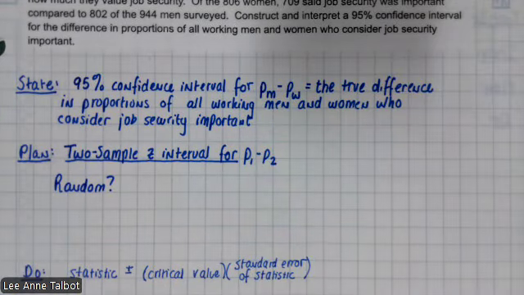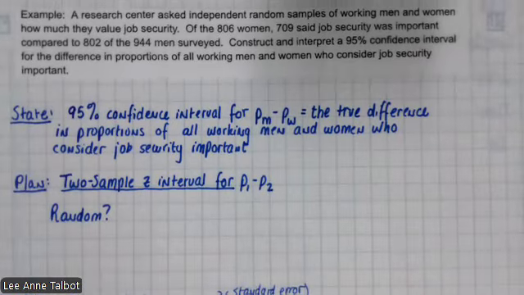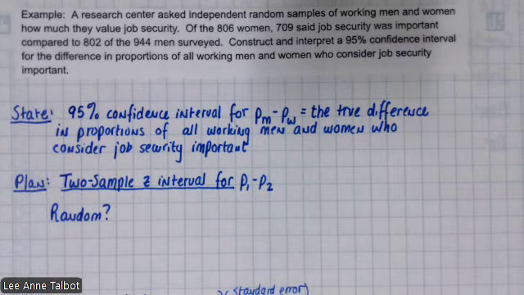Okay, for randomness, we need to check to make sure that not only are the samples random, but they're also separate from each other. And the book and College Board are going to say independent random sample. And it's really going to make me mad because independent is being used twice for two different things, and it's the same word.